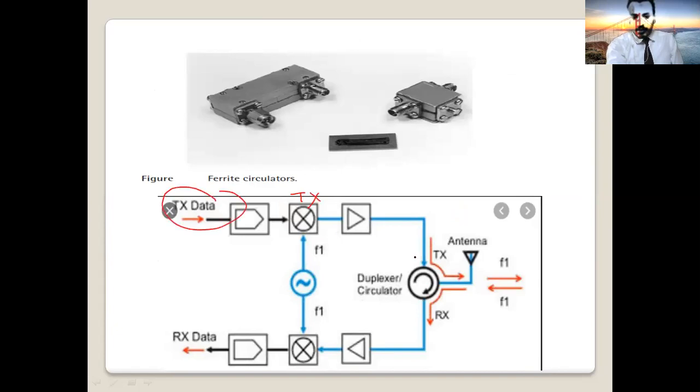Goes to port number 1, let's say. This is a circulator. Port number 2 connects to our antenna, and port number 3 is connected to our receiver. So always a circulator here, you see one port here, another port here, another, a 3-port device.